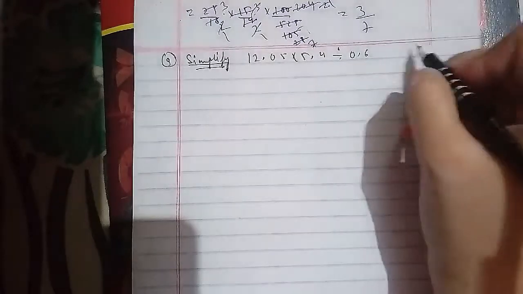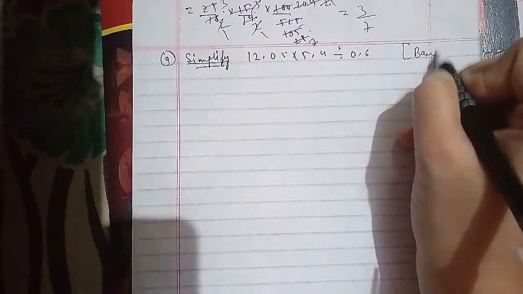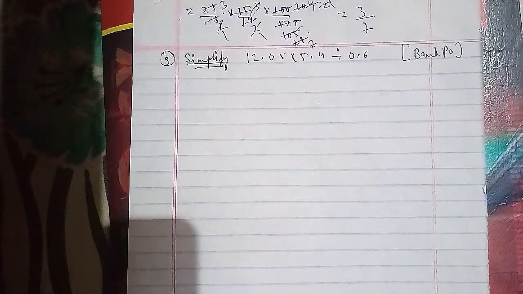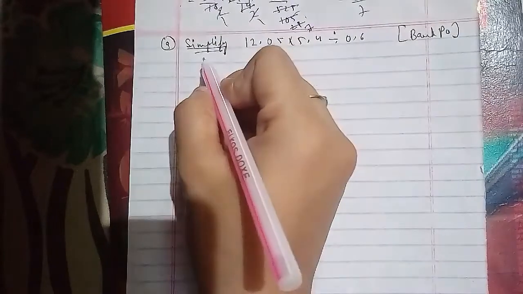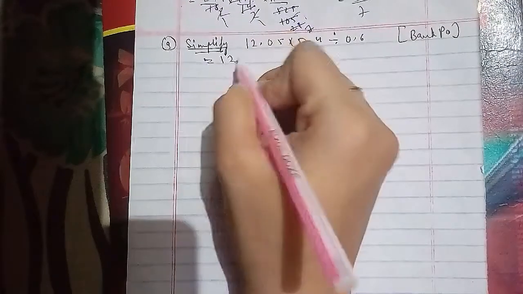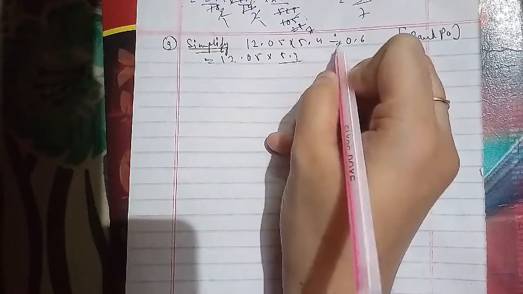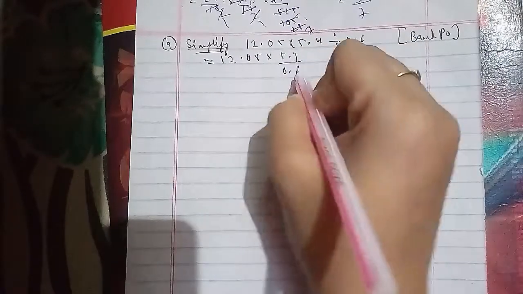This question has been asked in the bank PO question paper, so that is also an important paper in terms of competition. So the given expression that we have to solve is 12.05 into 5.4, and then we have a division by 0.6.